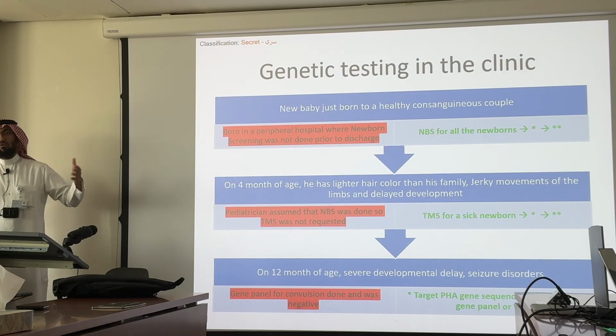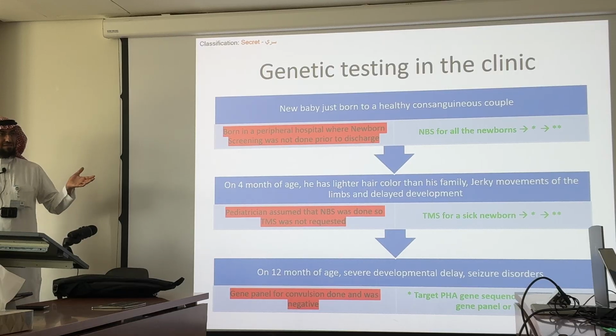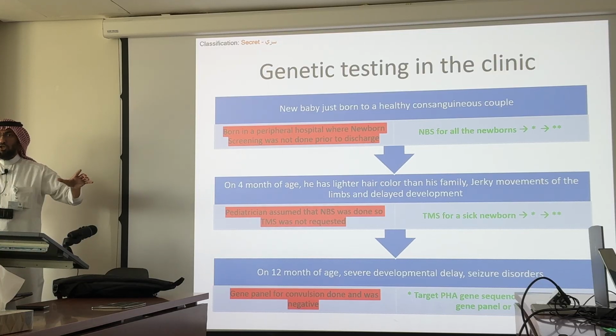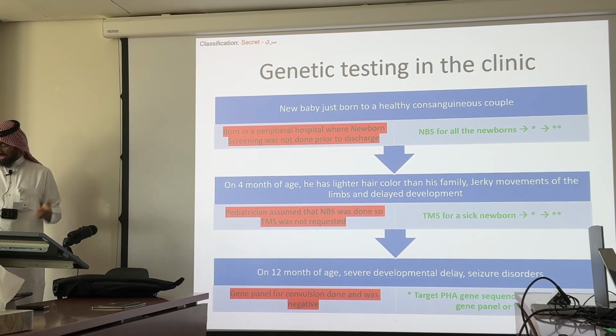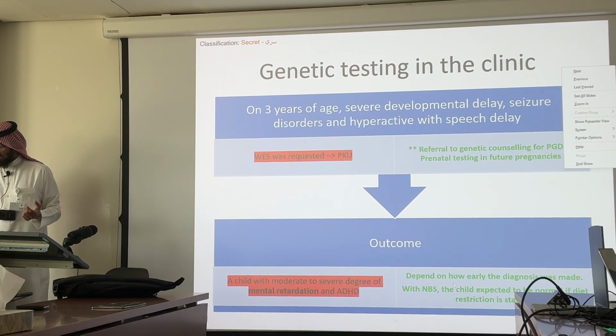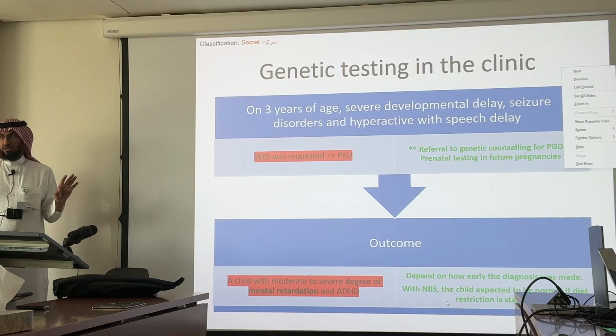He thought, I will go to a seizure panel. Probably the best thing is to do WES at that stage, to try to diagnose the problem as early as possible. This is what happened, and this baby had a delayed outcome. If you go with the right sequence, you end up with an almost normal child.